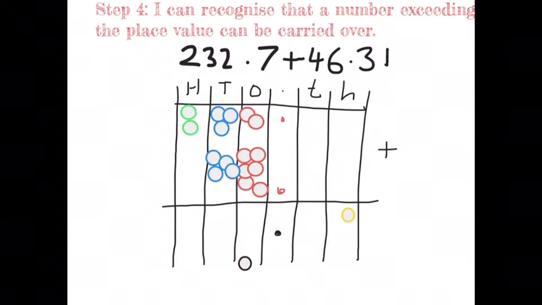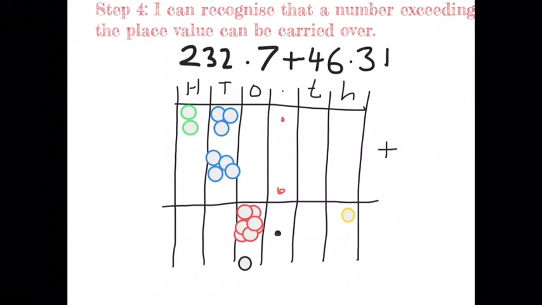So now that we've carried over to the next column, we can keep going. So we can count the next ones. So let's see how many ones we have. We've got 1, 2, 3, 4, 5, 6, 7, 8. Adding on this one that we've carried over, we have 9 counters there. So we've got 9 ones.